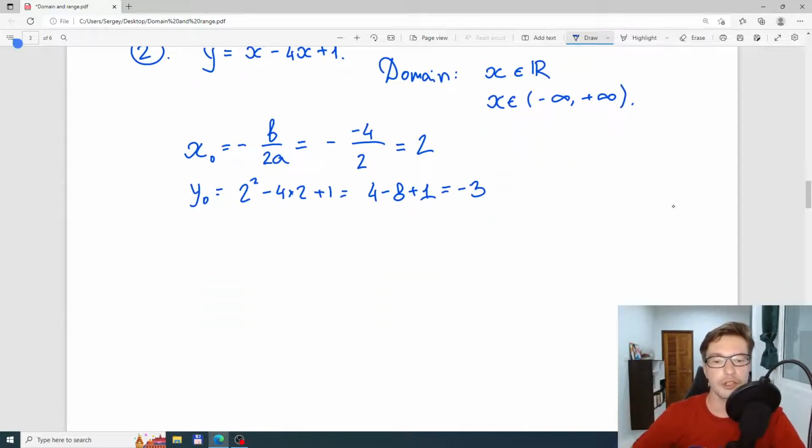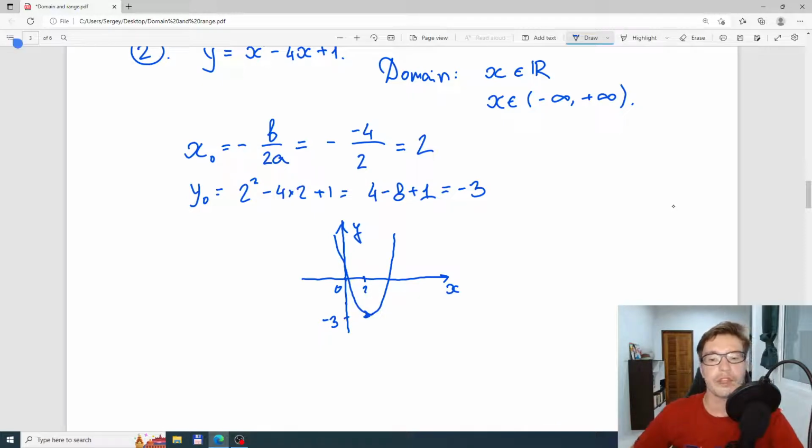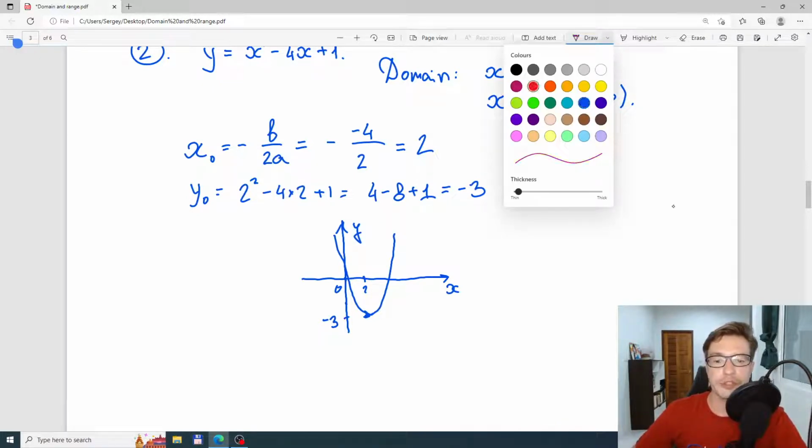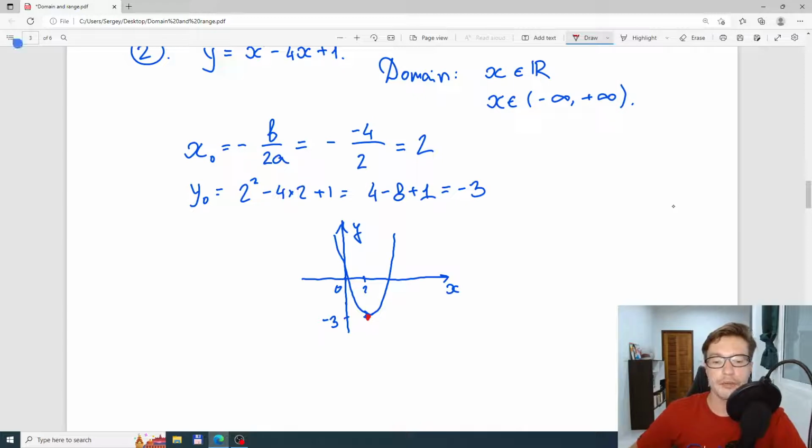And here goes the sketch. Let's draw y and x axis. At x equals 2, y equals minus 3, so here's the point. Okay, and it's a U shape. It opens up like that. Now let's look at our possible values of y that function can take. So you see that the function doesn't go below this turning point.